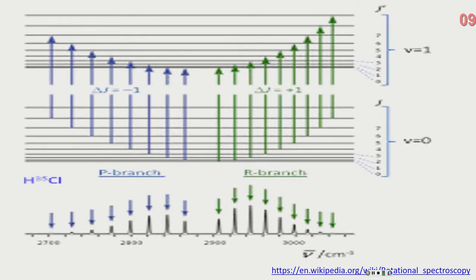And the pure vibrational transition will be on this diagram here, the spectrum. These wings are simultaneous transitions changing both the vibrational quantum number and the rotational quantum number.